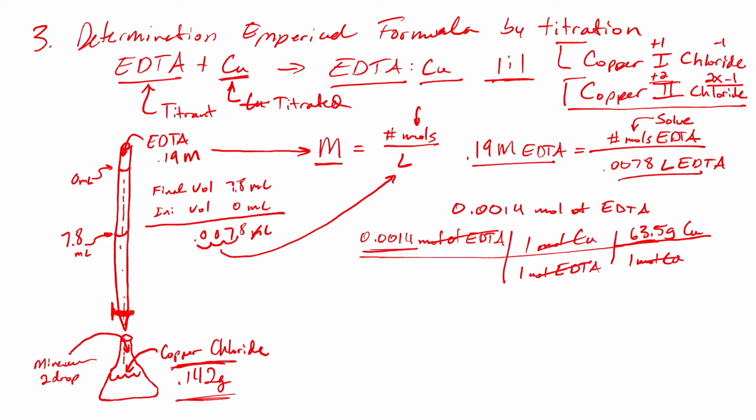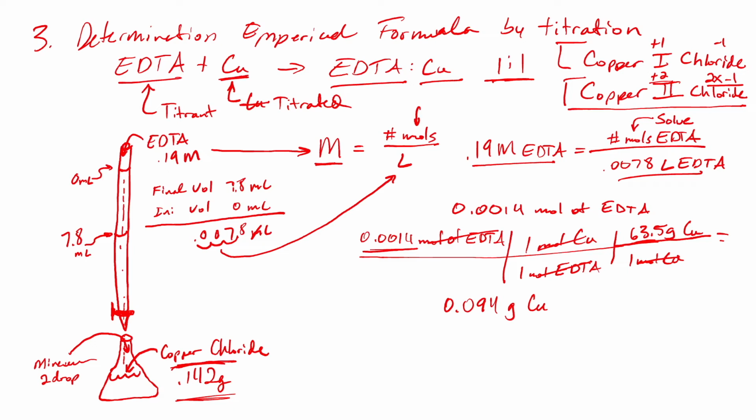So I multiply that, and the number of grams I get equals 0.094 grams of copper.